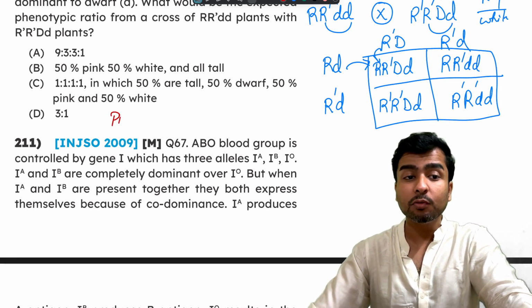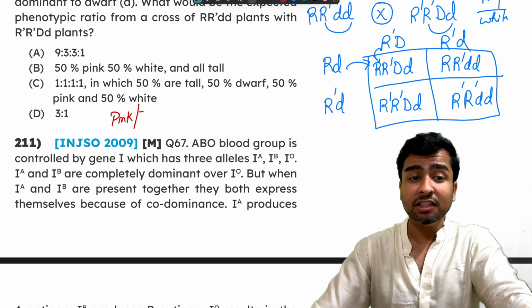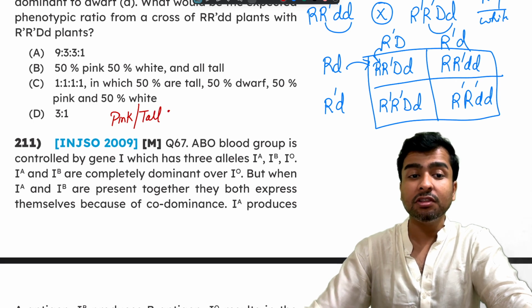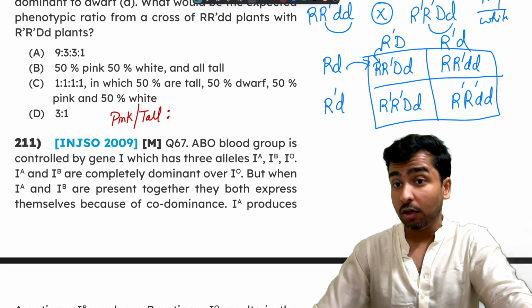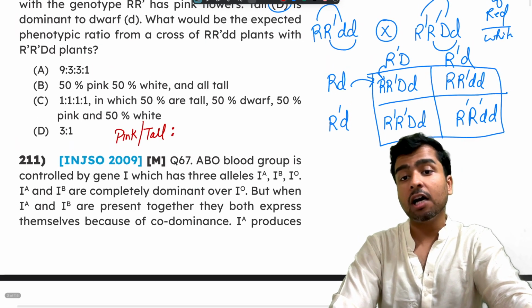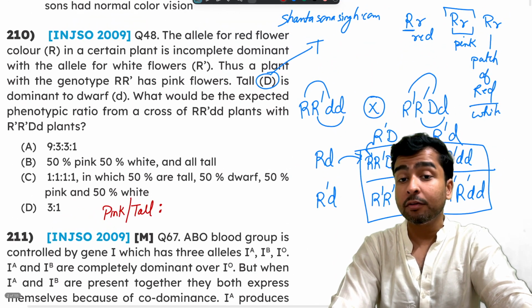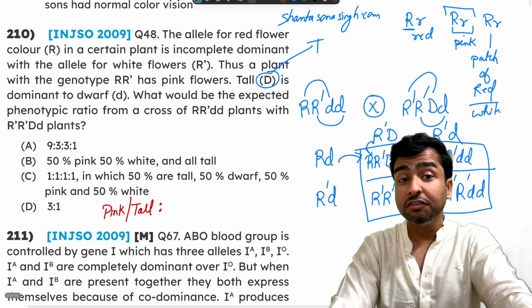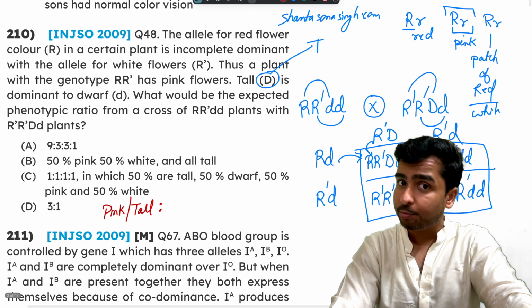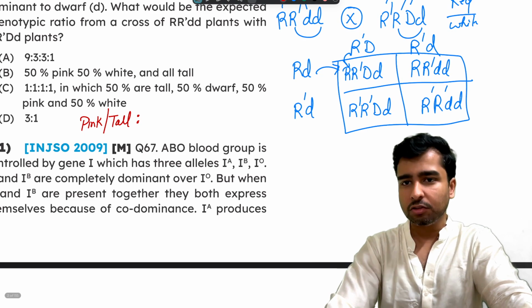That means the first one is pink. And since we have a capital D, that means the first one is tall. So pink and tall. Second one, R R dash is pink. I want to remind you, R R would be red and R dash R dash white. So first one is pink and tall.